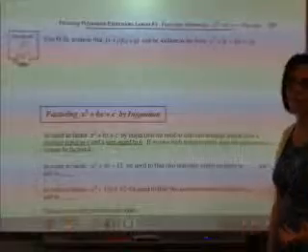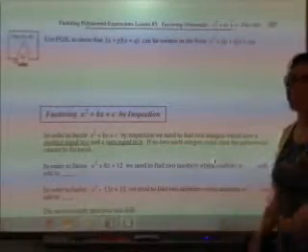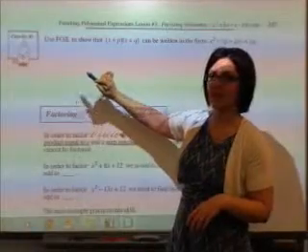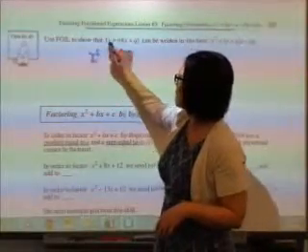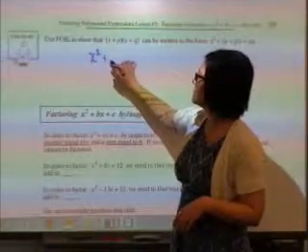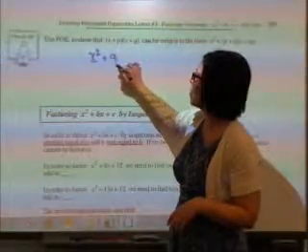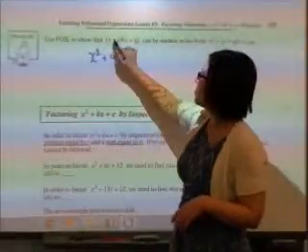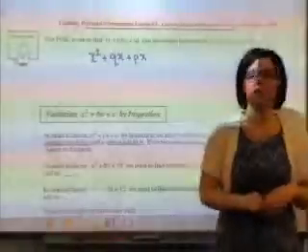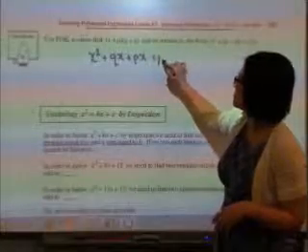FOIL doesn't work if I have a trinomial because it only works for binomials. So if I multiply x by x, I get x squared, x times q, xq, or if I put it in alphabetical order, qx. P times x will give me a px, and then p times q.